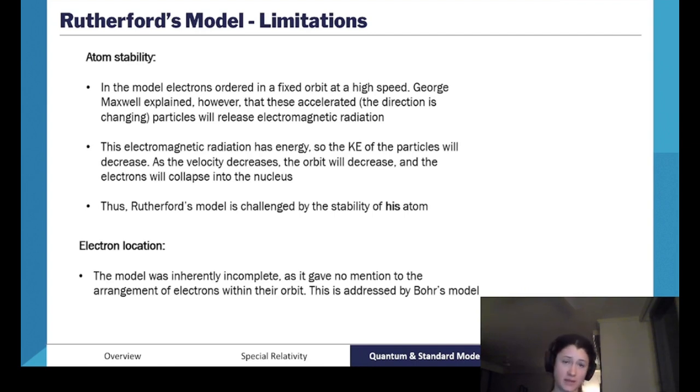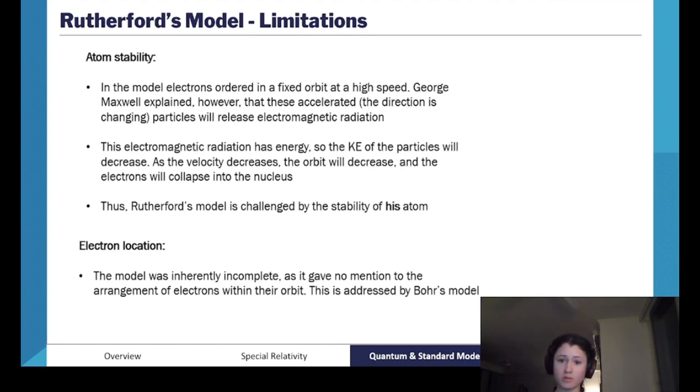The reason that it did this is because we know that our electrons are moving around in circular or ellipsoid orbits, right? But they're changing direction, which means they're accelerating. And we know that accelerating electrons lose energy. So if these electrons are constantly accelerating, constantly hemorrhaging energy, they're going to have less and less energy to overcome the forces holding them to the nucleus.